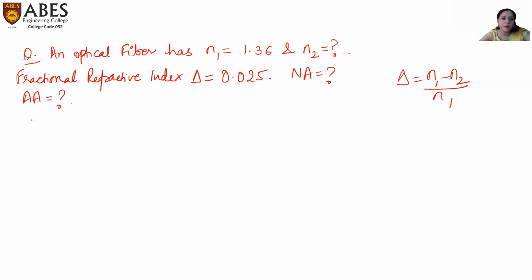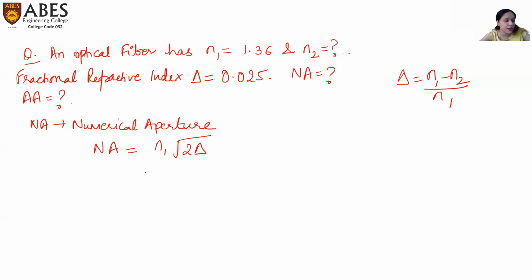So NA, the numerical aperture, is given by under root of n1 square minus n2 square. But the problem here is that n2 is not given to us. So there is one more formula: NA is given by n1 under root of 2 times the fractional refractive index. On solving this, NA is 1.36 under root of 2 into 0.025, which comes out to be 0.304.